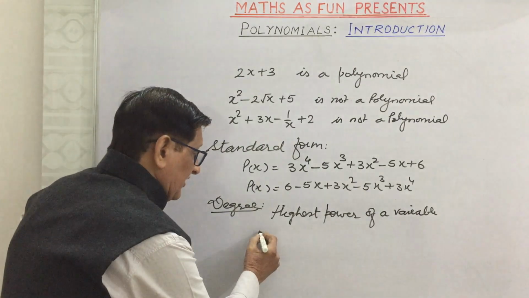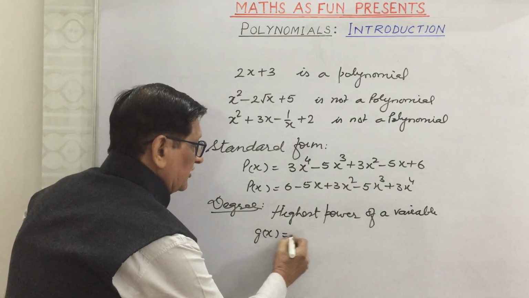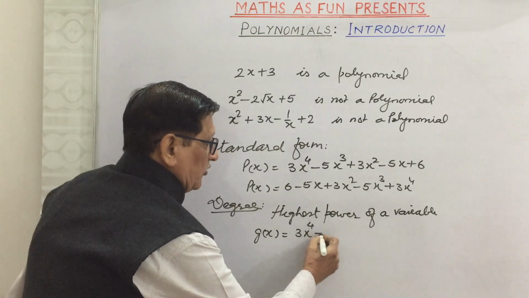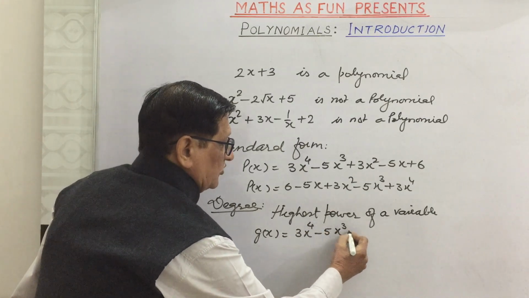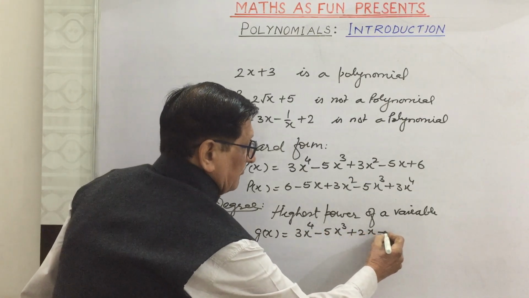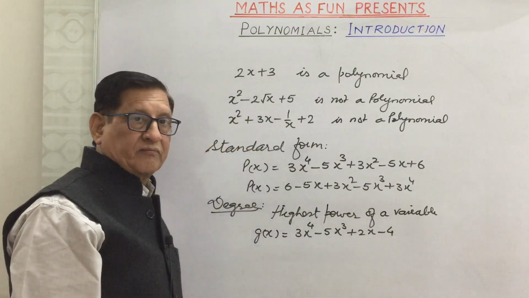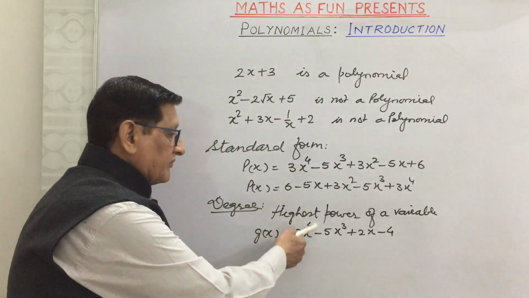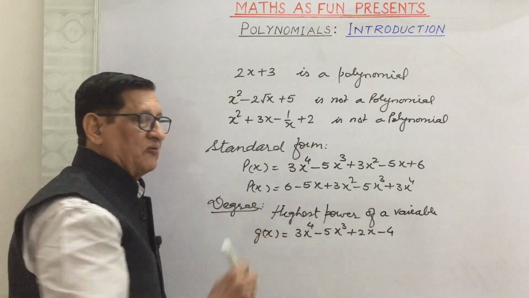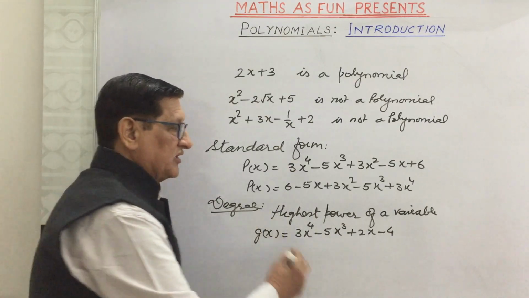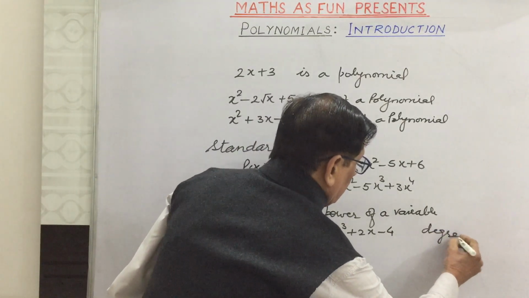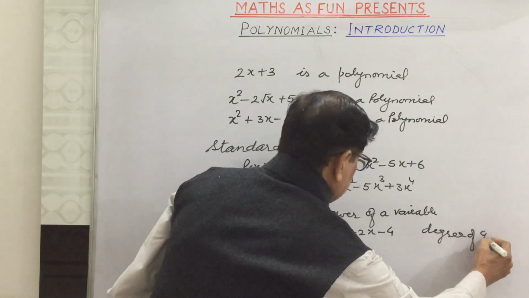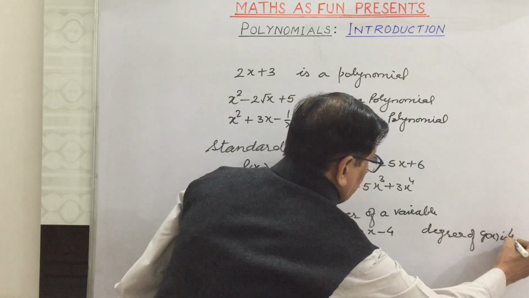Suppose we have g(x) is equal to 3x power 4 minus 5x cube plus 2x minus 4. Here we find that 4 is the highest power of x, and hence we can say the degree of this g(x) is 4.